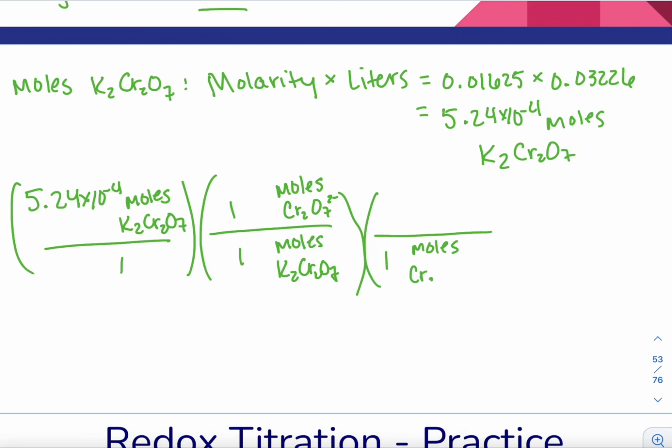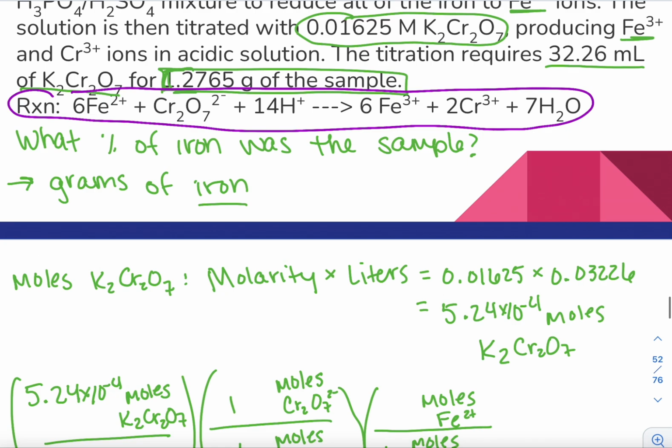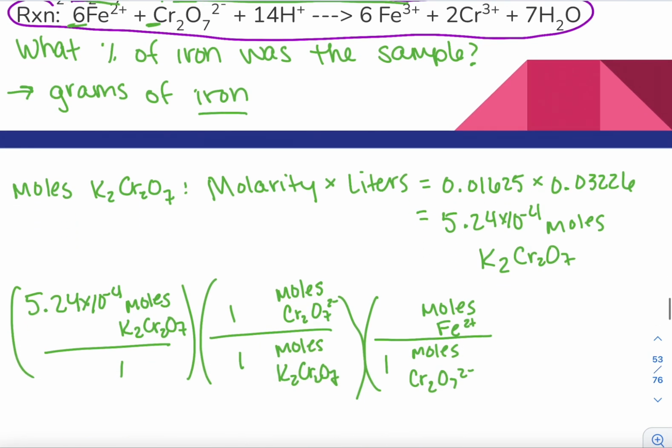So now we can use the mole ratio and go to moles of Fe2+. For every 1 dichromate, we have 6 Fe2+ ions.